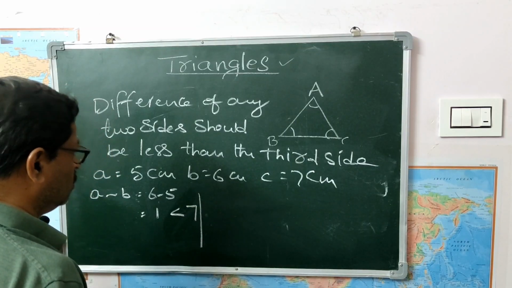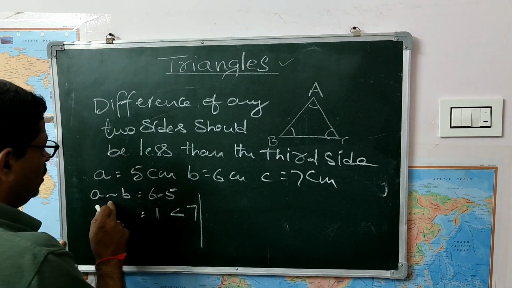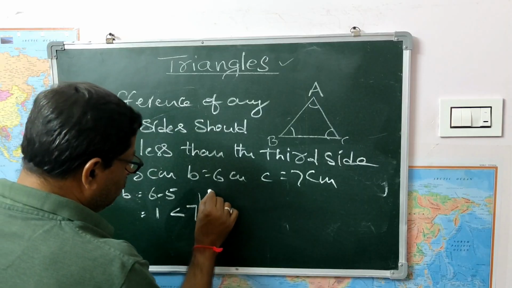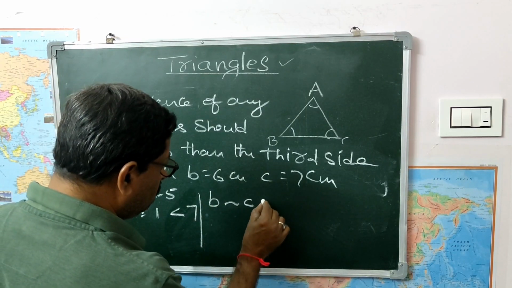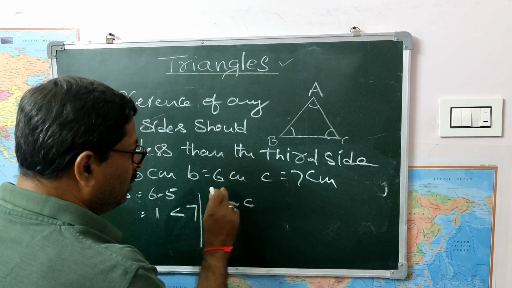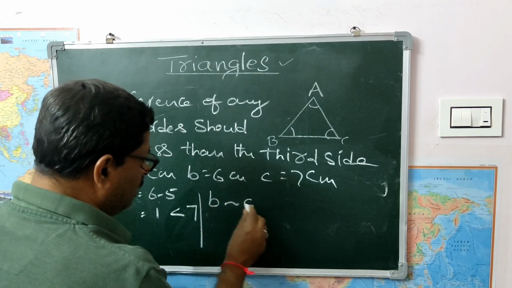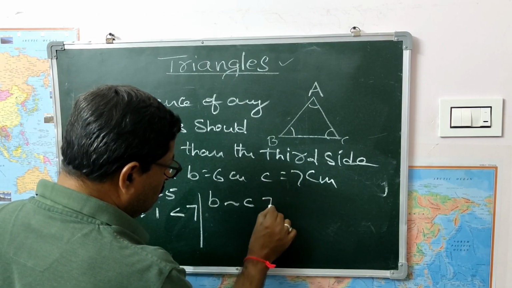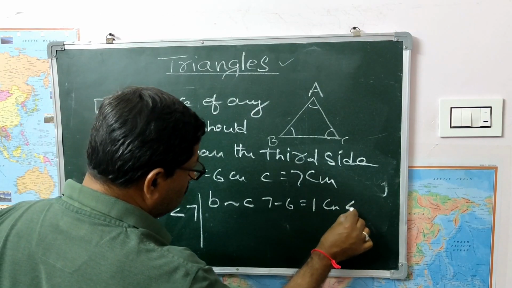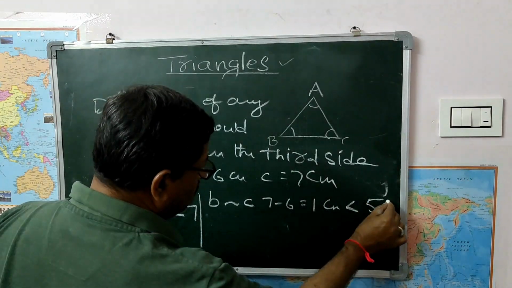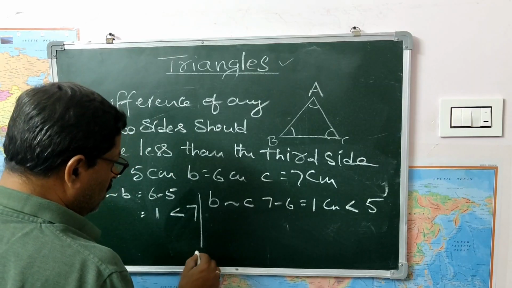So this is proved with A difference B. Now B difference C: B difference means 7 minus 6, which is equal to 1 centimeter, which is less than 5 centimeters, the third side.